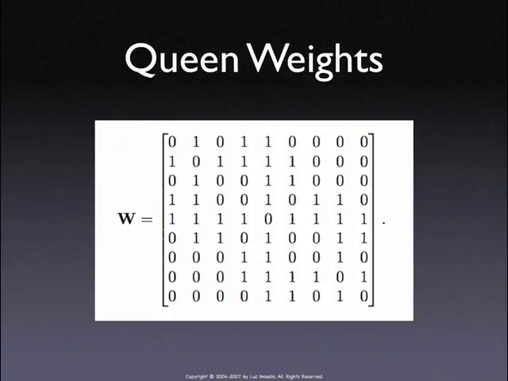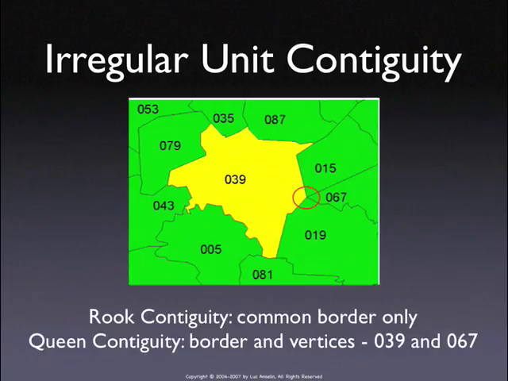So then the extension of this notion of rook and queen to irregular data follows in a pretty straightforward way. Rook is common border, so this yellow county, 39, shares border with 19 and 15, which would be the rook neighbors.